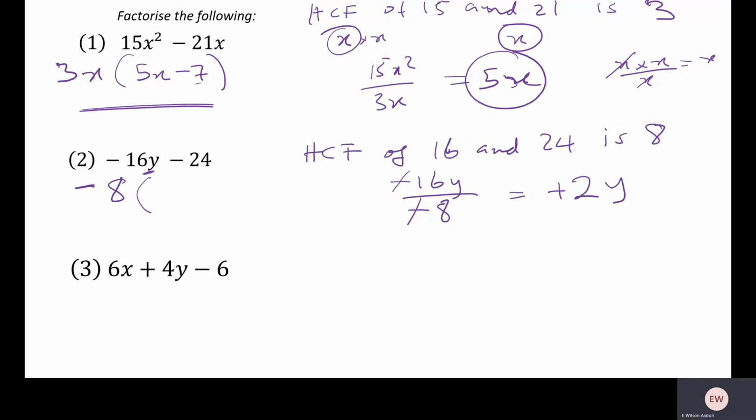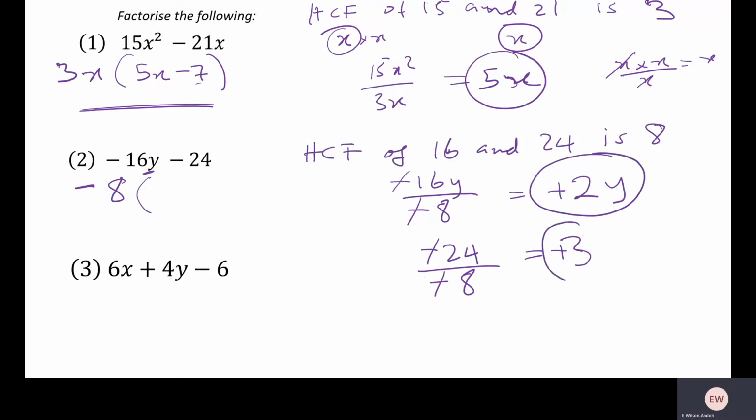We move on to the second term, which is negative 24 divided by our HCF. The negative will cancel. 24 divided by 8 is 3. So plus 3. So we are going to have these in the bracket.